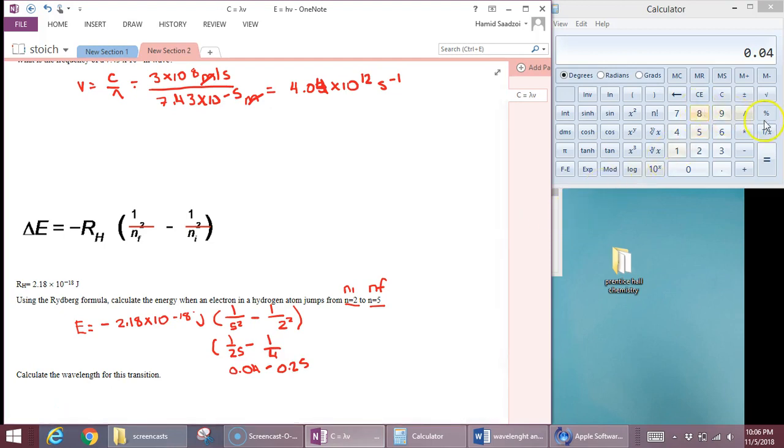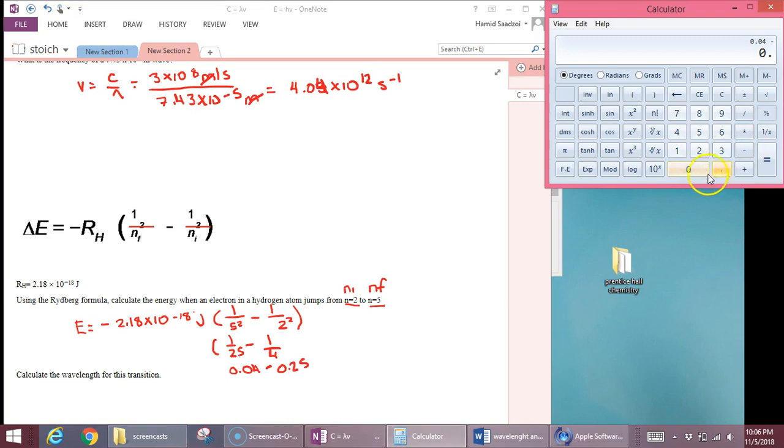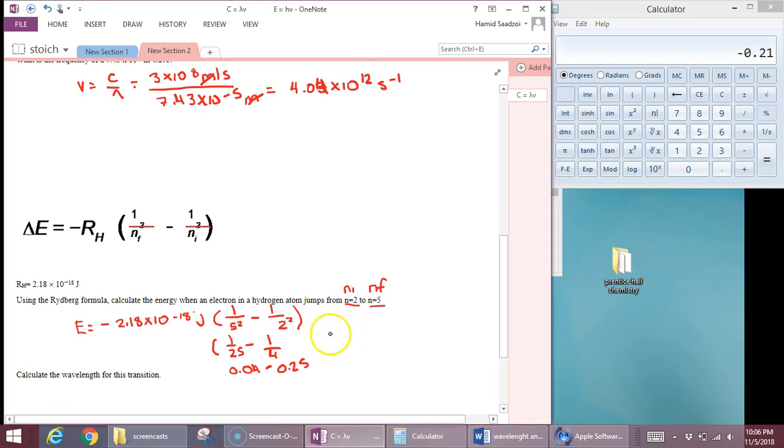That's what 1/4 is. So minus 0.25, and we get a negative number, which is what we expect in this. So taking this over, negative 2.18 times 10 to negative 18 joules times negative 0.21.